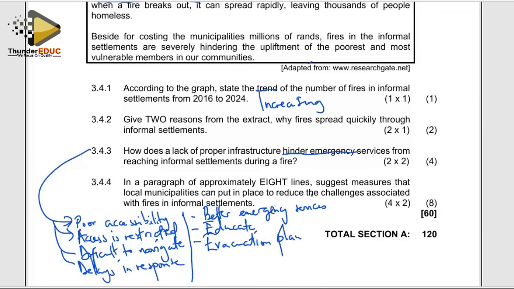How can we save people in terms of fire? How can we evacuate people from the danger of fire? And also they must encourage the use of stronger building material.